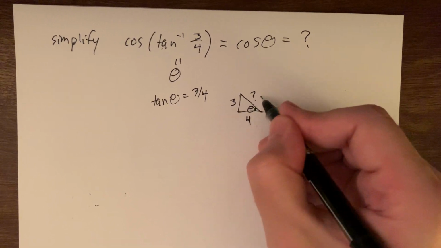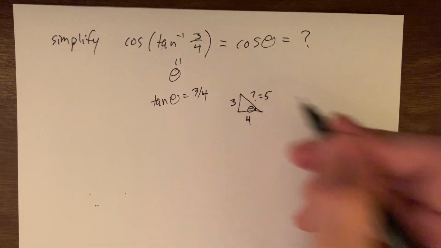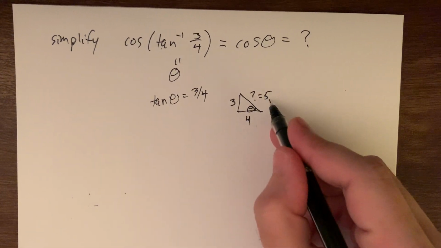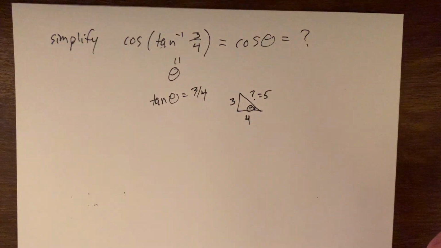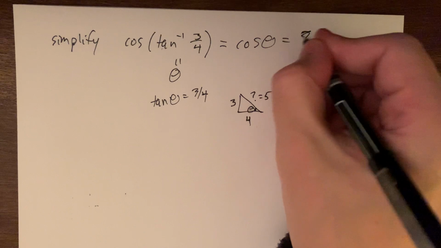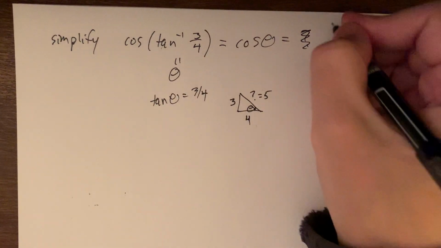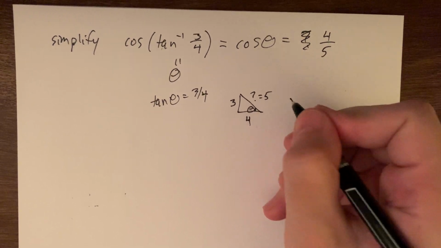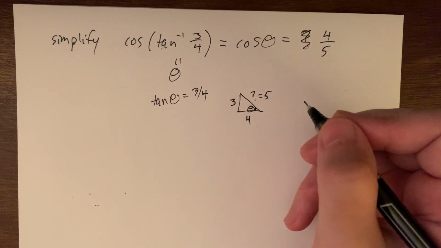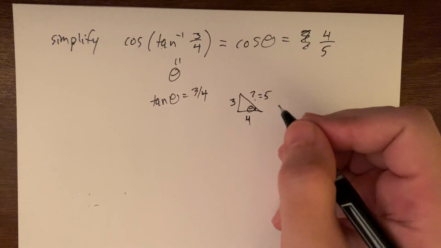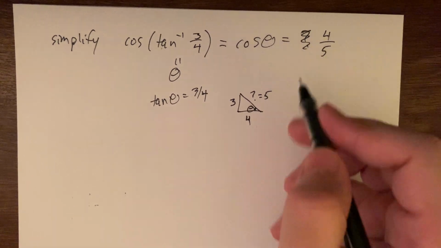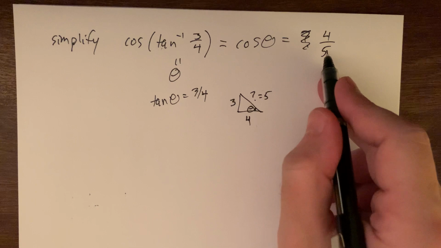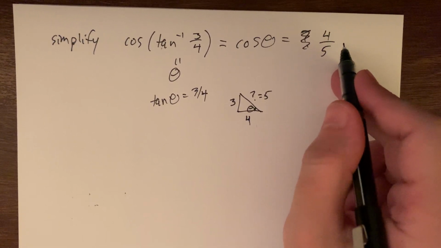I'd use the Pythagorean theorem and eventually figure out that the hypotenuse is 5. 3 squared plus 4 squared equals blank squared, and this is a nice relationship. And now I can come back and say, what's cosine? Cosine is adjacent over hypotenuse, so 4/5. That's a nicer example. You need to understand this work, but if you did this on a calculator, you get 0.8, and it's all the same thing.